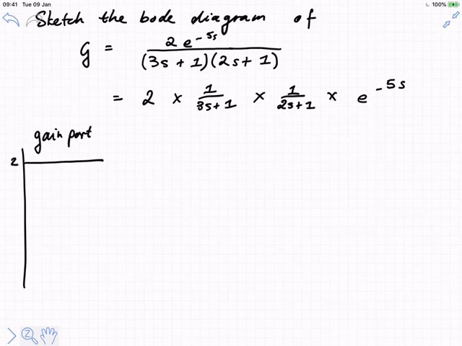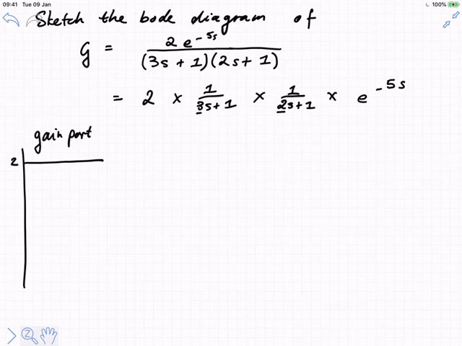The gain part of these first order transfer functions is going to be based on the time constant. They're going to differ because they've got different time constants. And they are going to have the property that the corner frequency is 1 over the time constant.